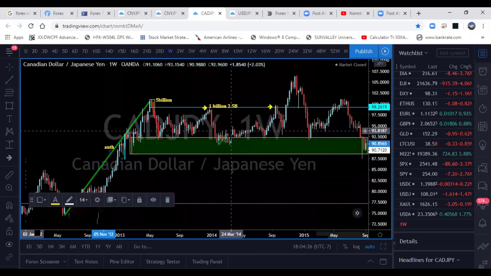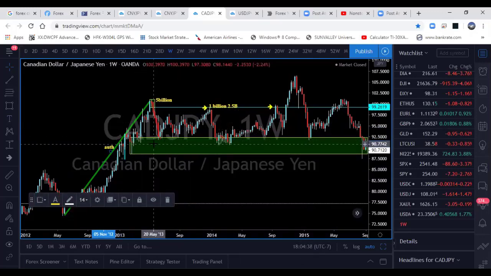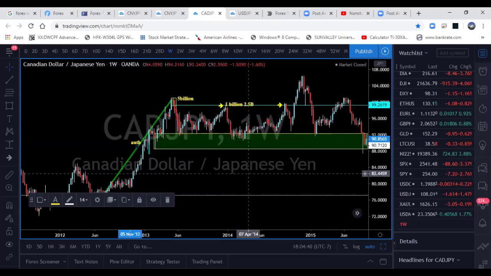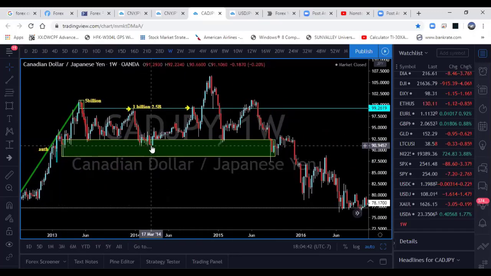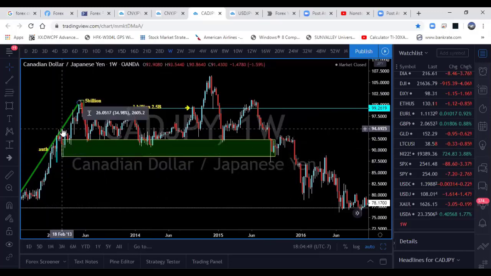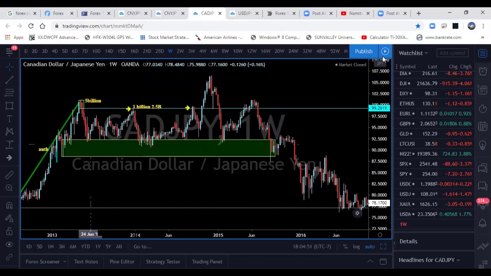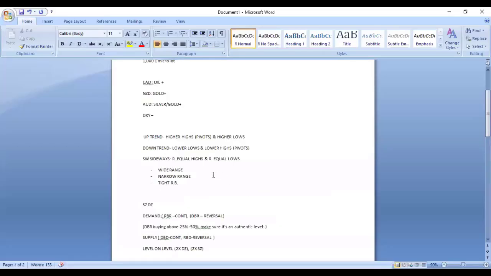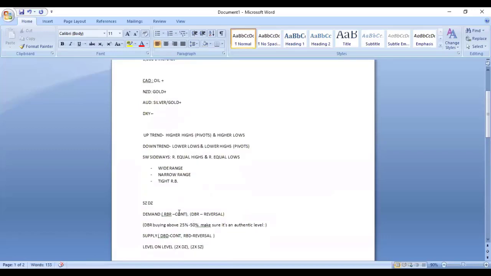Look at this, drop-based rally, drop-based rally. So you always have to look at the big picture and step back to realize that, yeah, I found a level here, I should respect it, but it may be fresh and not authentic. Rally-based rallies will always be authentic, okay? A rally-based rally will always be on an authentic level.